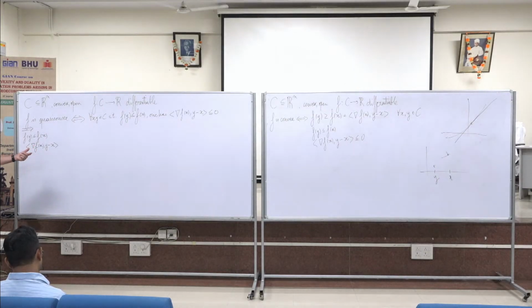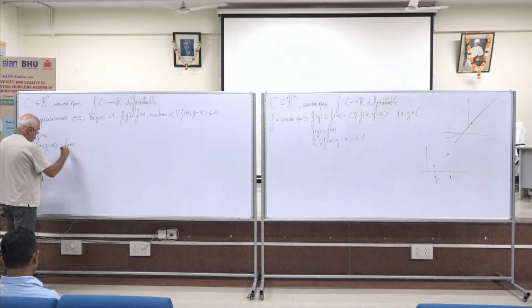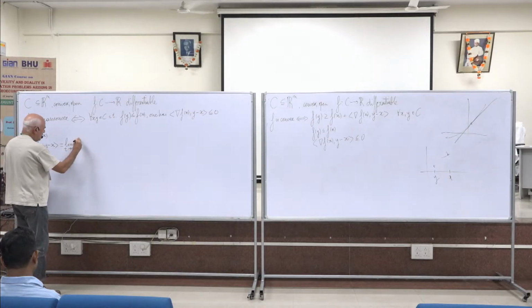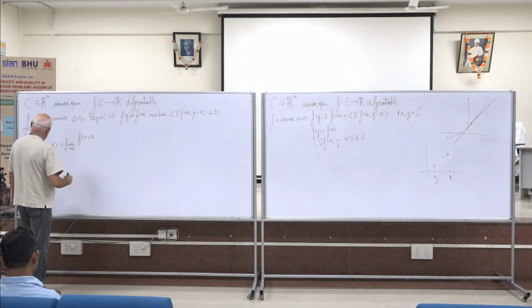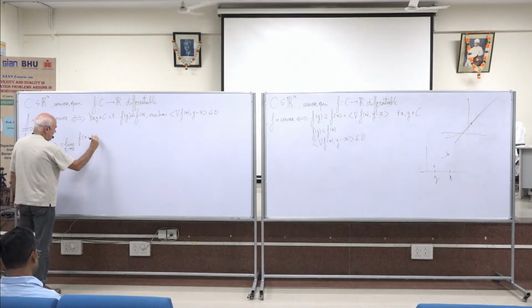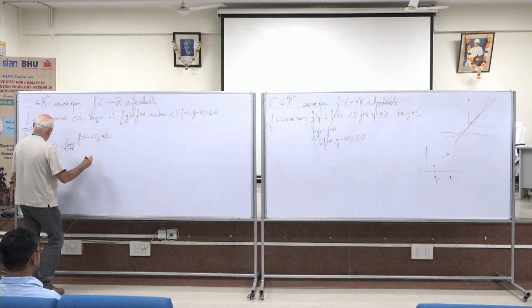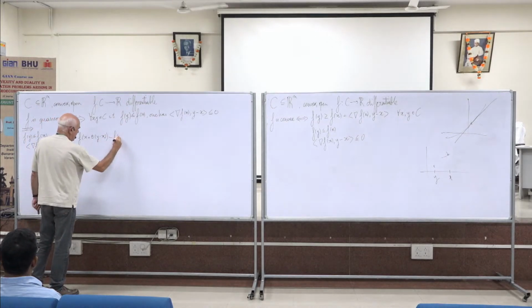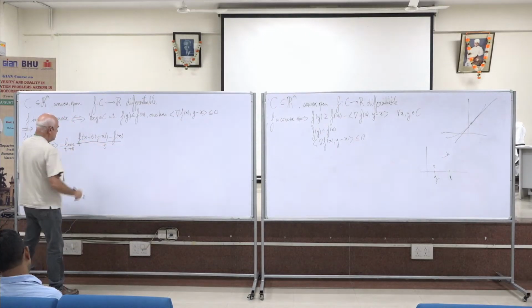So let's write the expression for the directional derivative. This is the limit as t goes to 0 of f of x plus t times the direction minus f of x, divided by t.